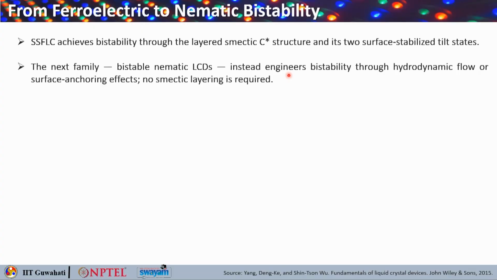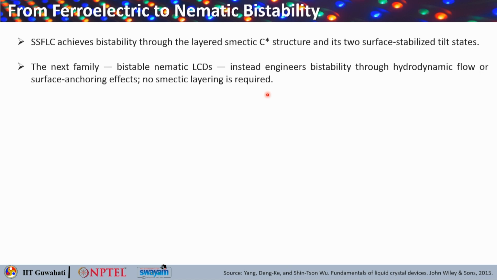So, what is the next family? That is bistable nematic liquid crystal displays. This family engineers the bistability through a different path, that is through hydrodynamic flow or surface anchoring effects.